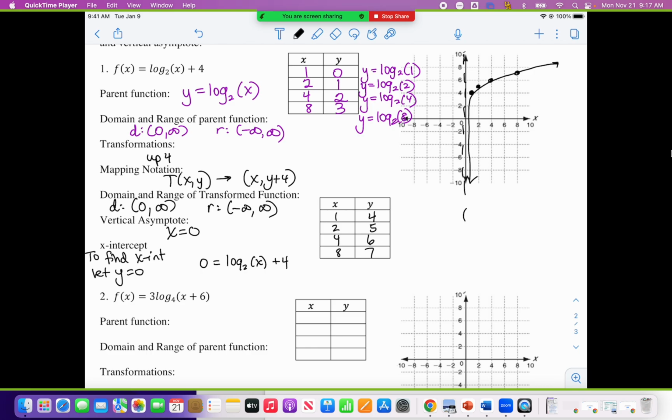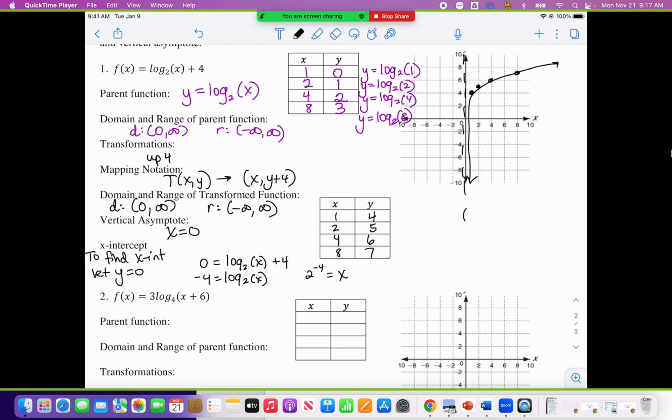All right, well, I'm going to subtract 4 from both sides. And then I get 2 to the negative 4 equals x. When you're trying to solve for x and it's inside a log, I just go from logarithmic to exponential form.